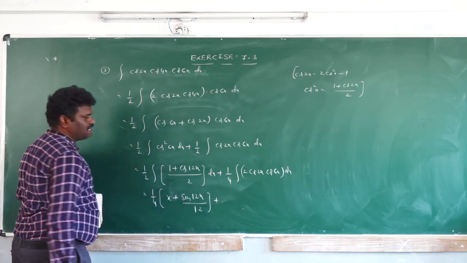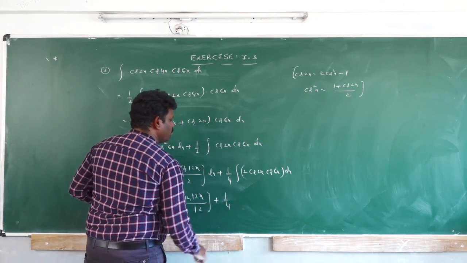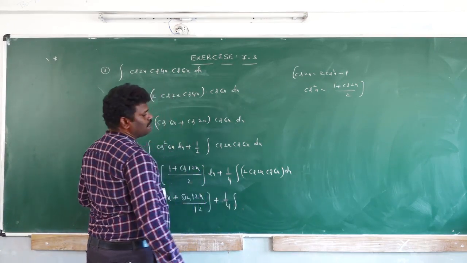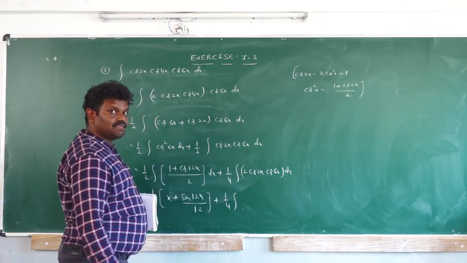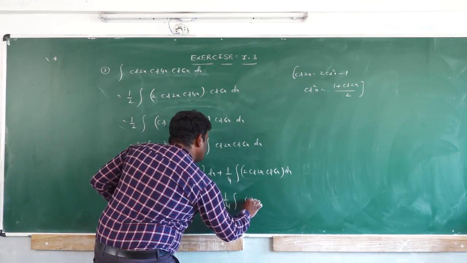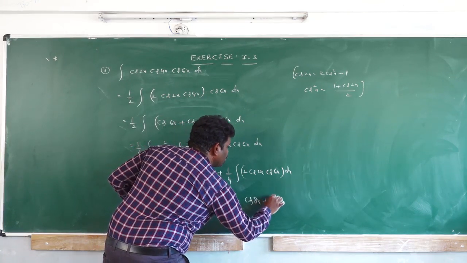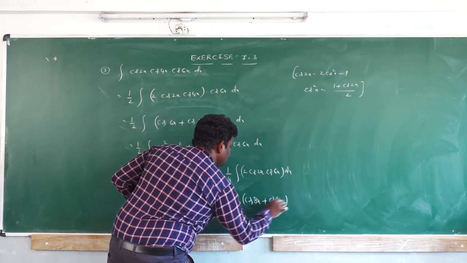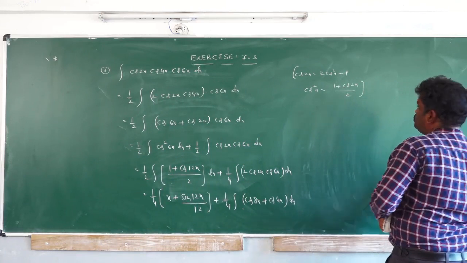So this is the first integral value. Then for the other term, 1 by 4 integral of 2 cos A cos B, which is cos of A plus B plus cos of A minus B. Then cos of A plus B is 8x plus cos of A minus B is 4x, into dx. Next we substitute these values.